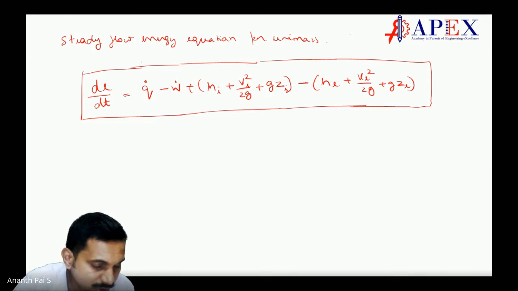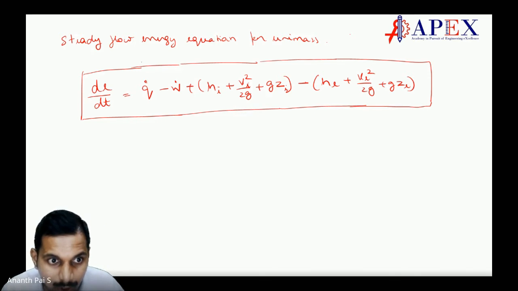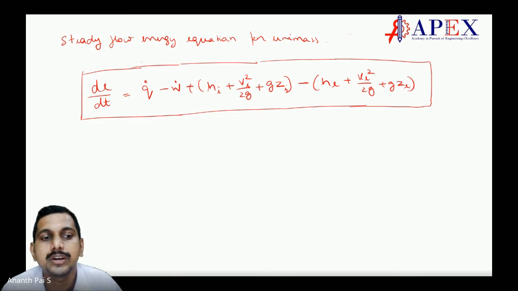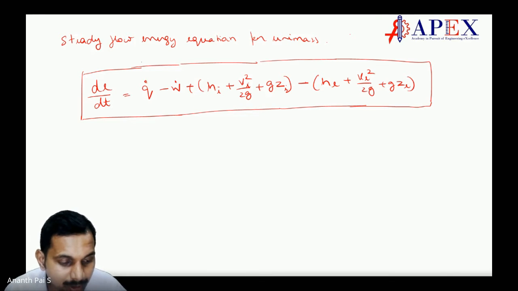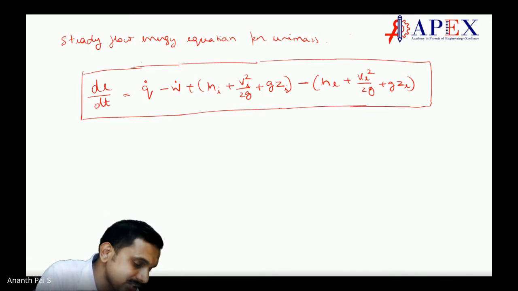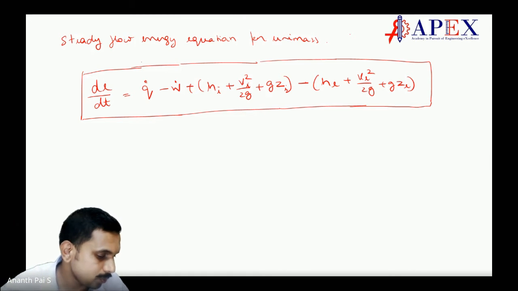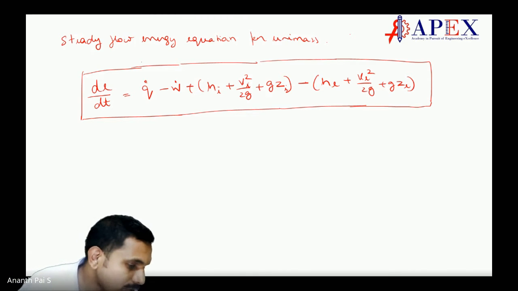Flow of energy per unit mass, when we consider, this is what happens. Sometimes the accumulation of energy inside that particular thing can be written as dE by dt, correct? Any doubts here, students? Once again, have we followed the same thing?